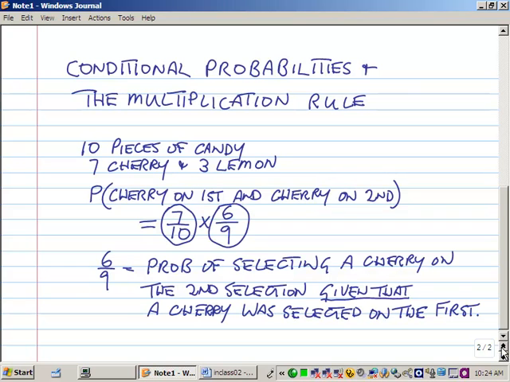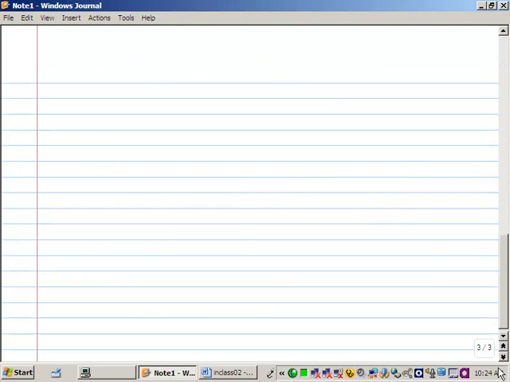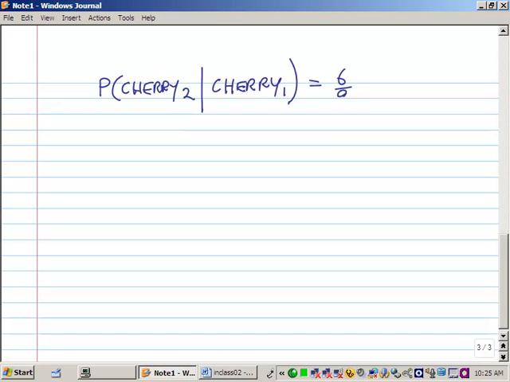All right, to write it down more like we would write it in the notation of probability theory, we would call this the probability of a cherry, I'm going to abbreviate this, on the second draw, straight up and down line, which stands for given that, cherry was selected on the first draw, and that's our 6/9.